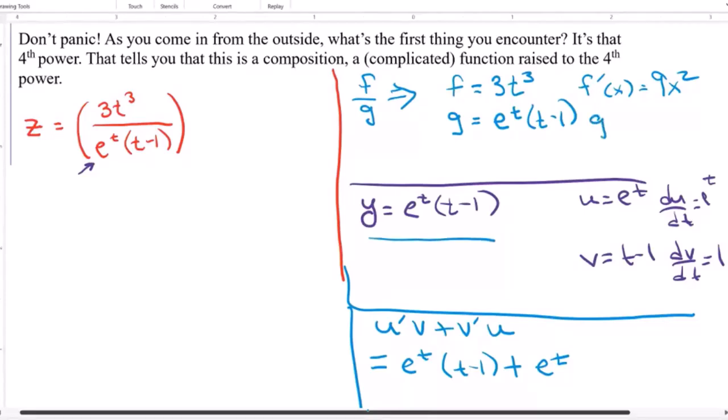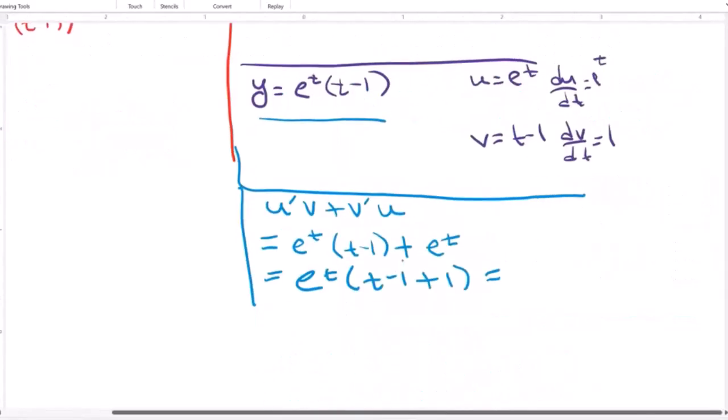So g prime is equal to, and again, I think it's always easier when you factor stuff out. Let me simplify this. I'm going to factor out an e to the t, and then I have t minus 1. That gives me my first term, and to give me my second term, I have plus 1. So now look at that. t minus 1 plus 1 is just t.